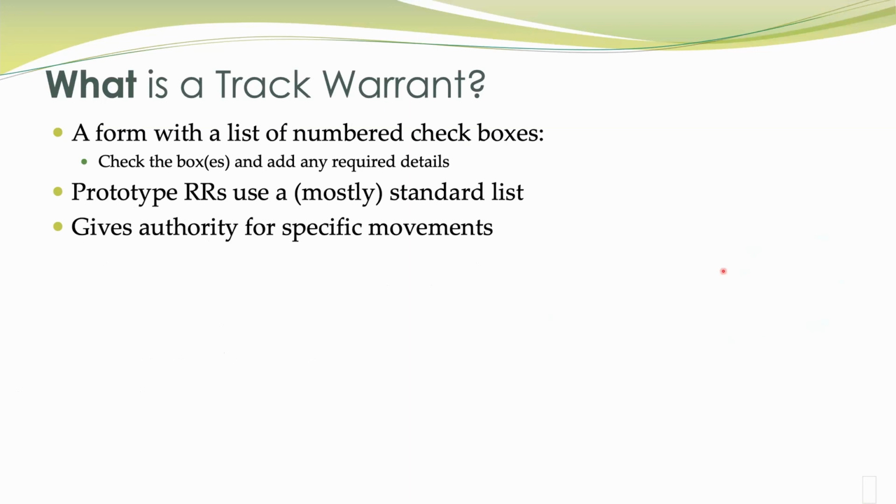And in many of them, you then give some different restraints or constraints about what you can do in each of them. Prototype railroads use these quite a bit. They have quite a long list that covers every possible eventuality. In the model world, we probably want a slightly shorter and simpler one, but it really gives your crew the authority to move in a really very simple to understand way on a single piece of paper.